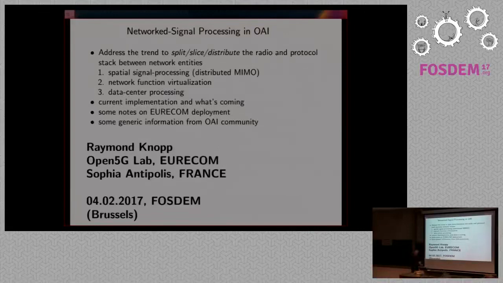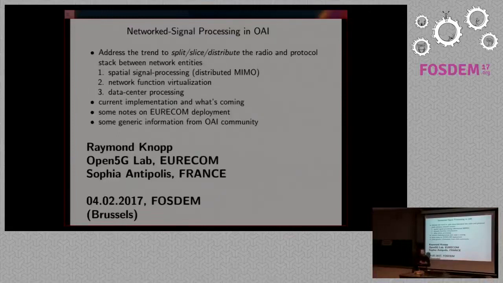In 3G, there was a bit more going on in the Node B, but at the beginning of 3G, all of the MAC layer was running in the RNC. Then when 3G started getting faster with HSPA, and we came along to 4G, they decided to put everything into the eNodeB. So you have the entire layer 1 and layer 2 stack in the eNodeB, and the rest of it is further along in the network.